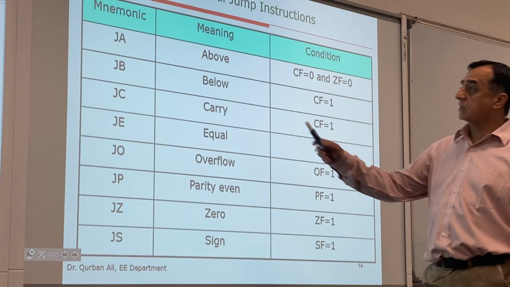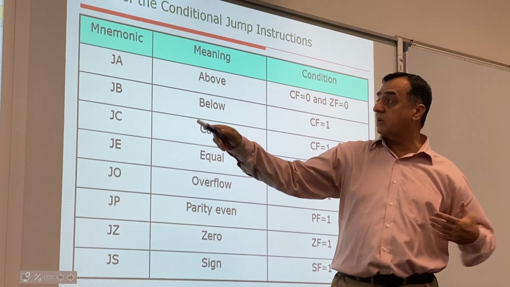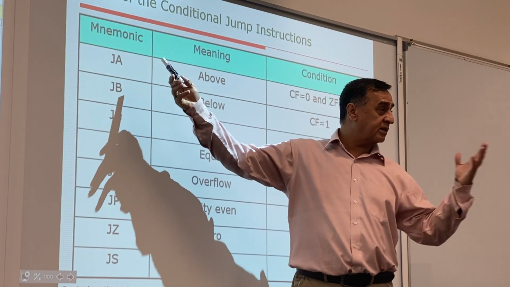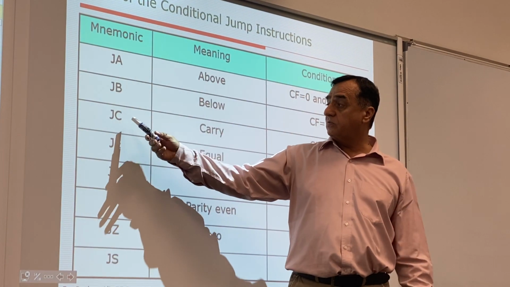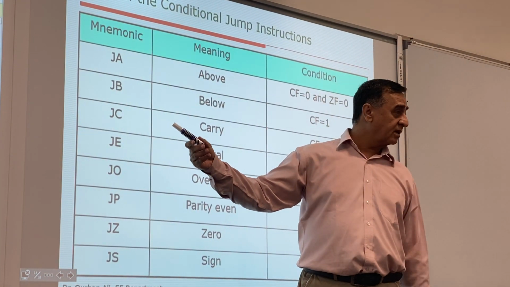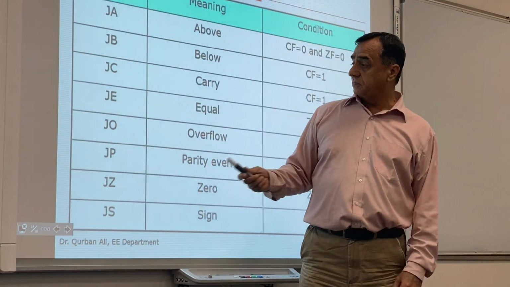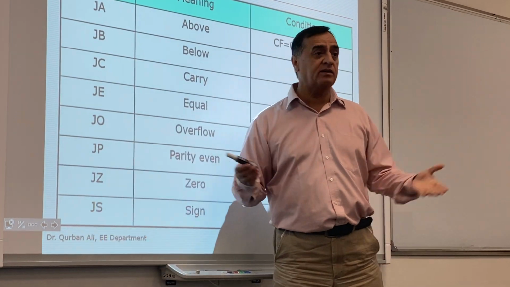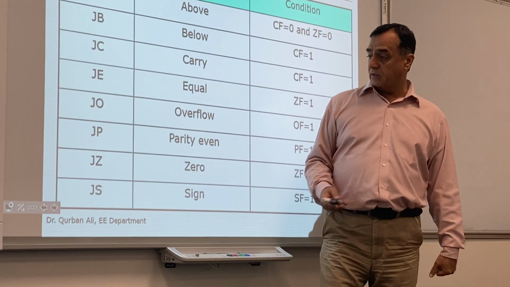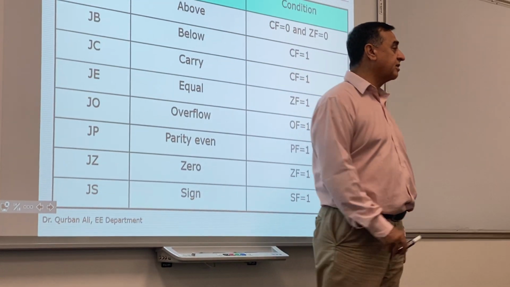So above is the condition, right? Below, carry. If the previous answer has a value above, compared to something, right? Below compared to something. If there is a carry from the previous instruction, if the two answers were equal, if there is an overflow from the previous instruction, if there is a parity in the previous instruction, if the previous answer has 0, if the previous answer is negative.